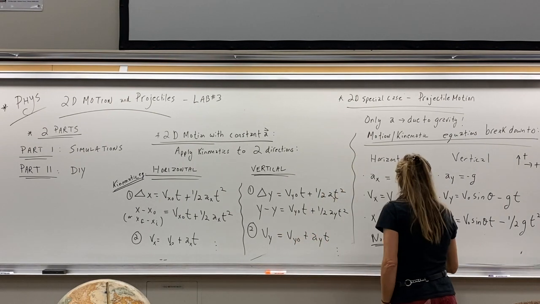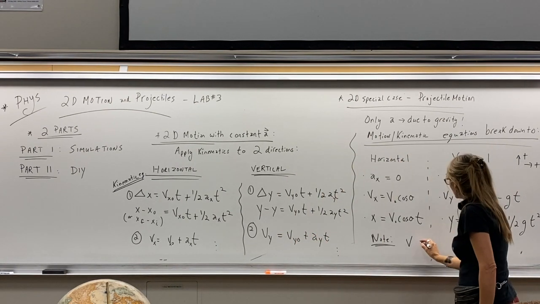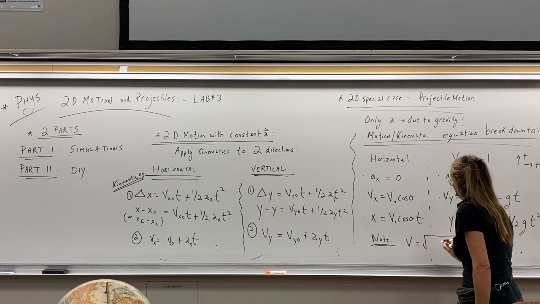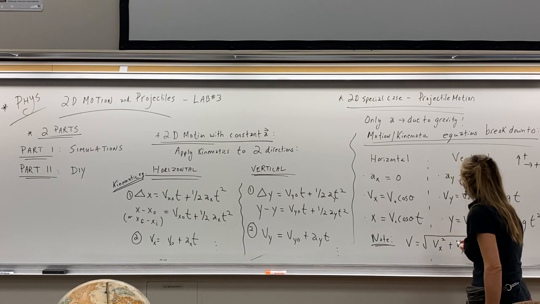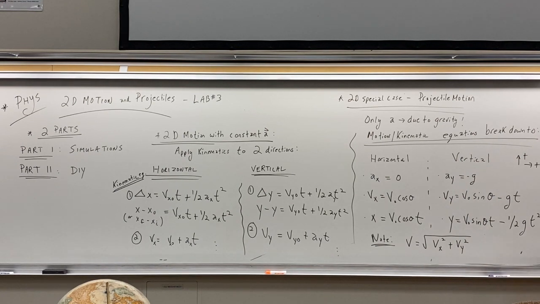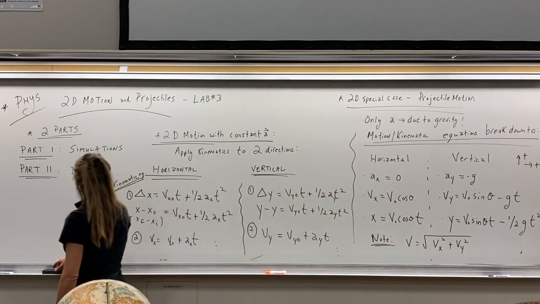So note that v total should be vx squared plus vy squared. Okay, that should always happen. The total velocity at any moment in time of a projectile is the combination of the x and y component velocity vectors. Okay, so a few more points to make here.